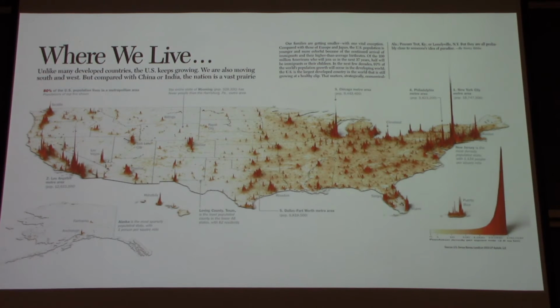You can clearly see the urban clusters. Everything around New York is very high, and the area around Los Angeles is the second largest, and so on. I think this is a pretty well done map. There's a lot of annotation, so it's a very carefully designed visualization.